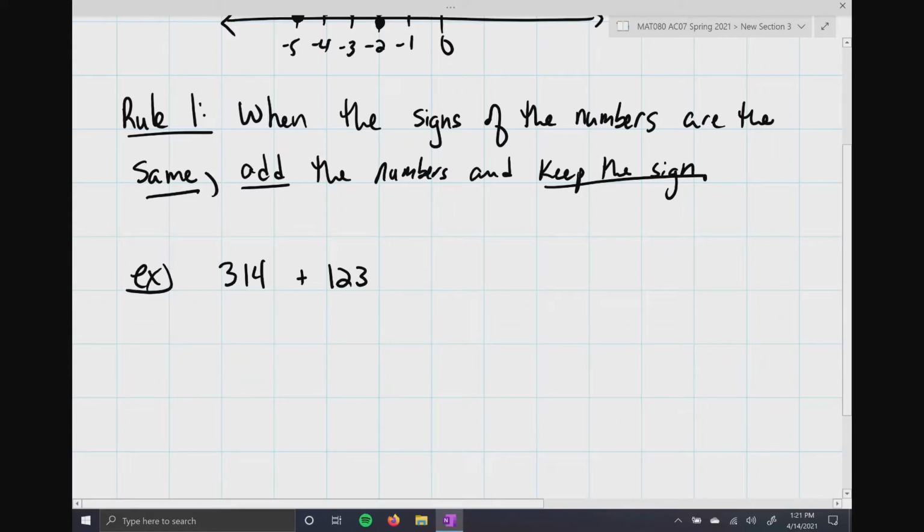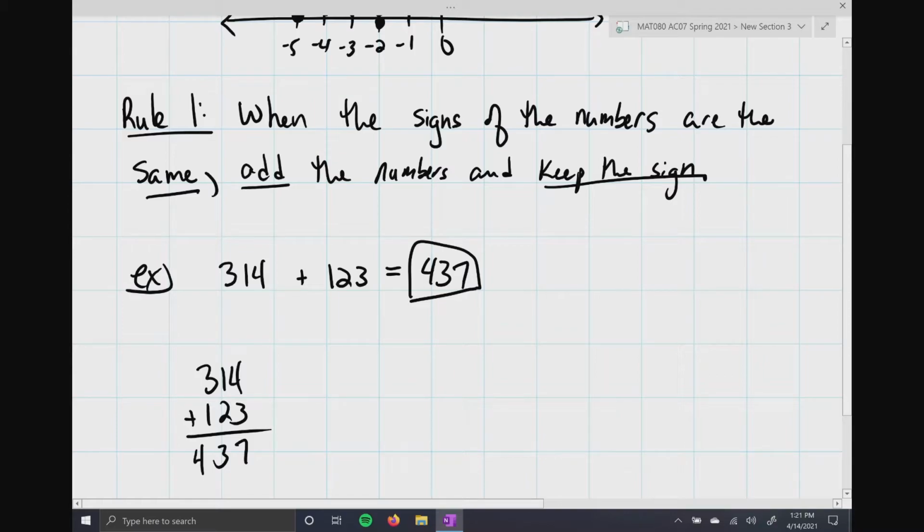Now, if I were to do this problem, I would just go back to the basics, align them up based on place values, and just add straight down. 4 and 3 is 7, 1 and 2 is 3, 3 plus 1 is 4. And since the 314 is positive, and the 123 is positive, I know my answer is going to be positive.